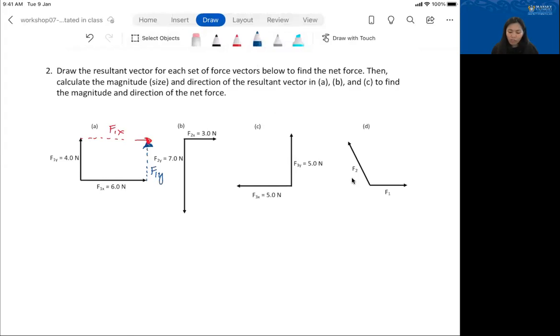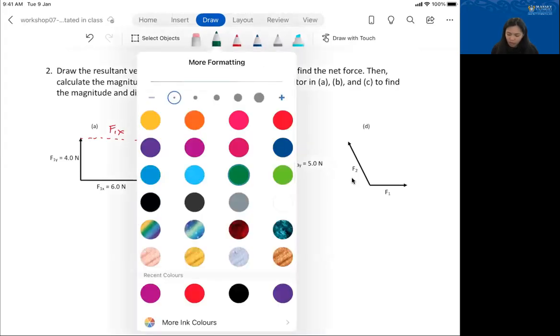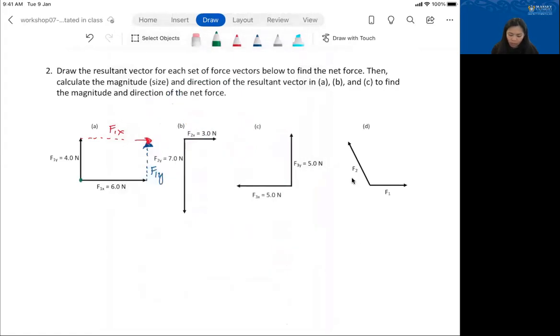And the net force will go from where the tails of the two vectors are to the heads of the two vectors. So notice how when you're drawing the net forces, all the tails are together and all the heads are together as well.